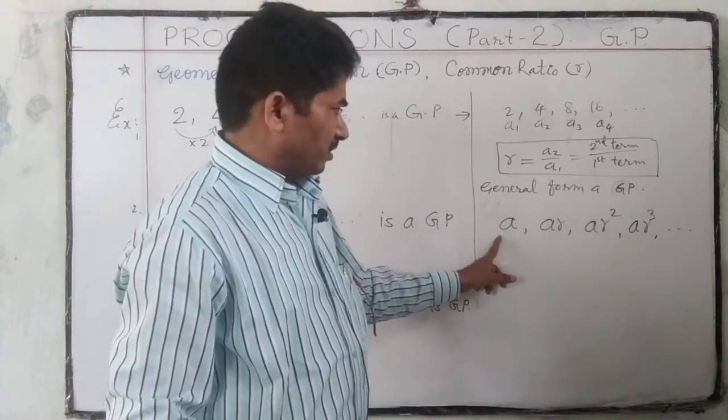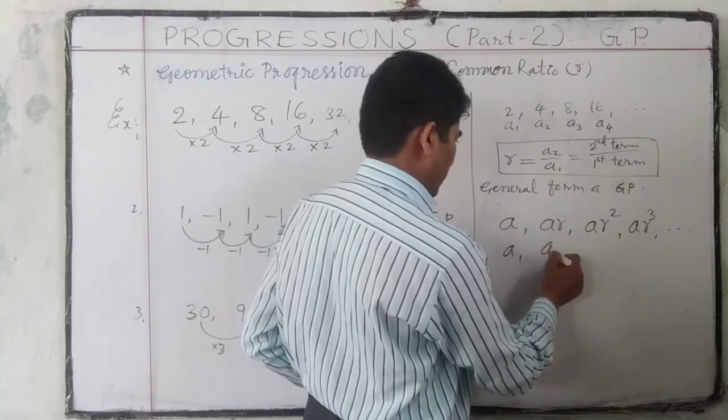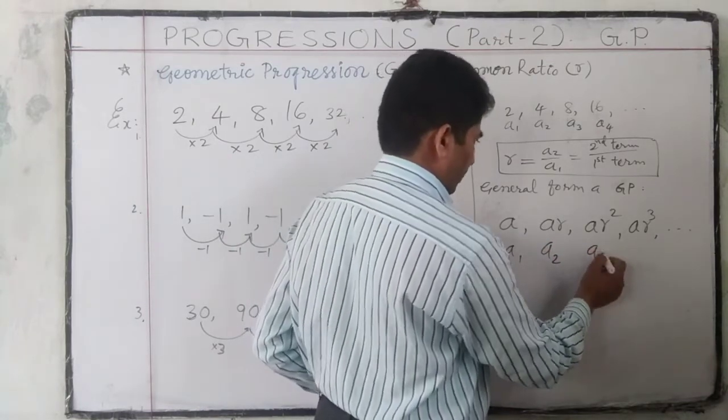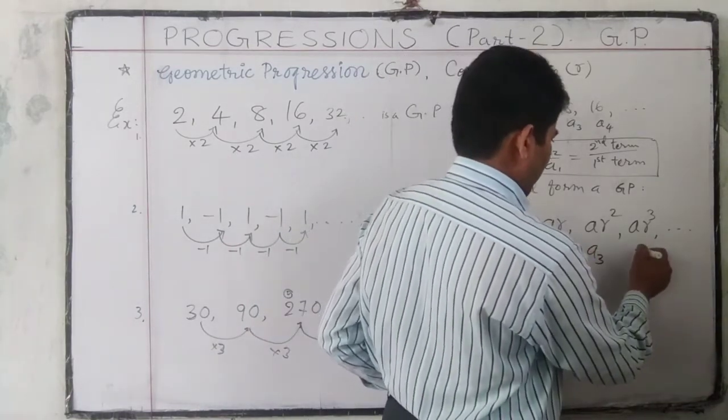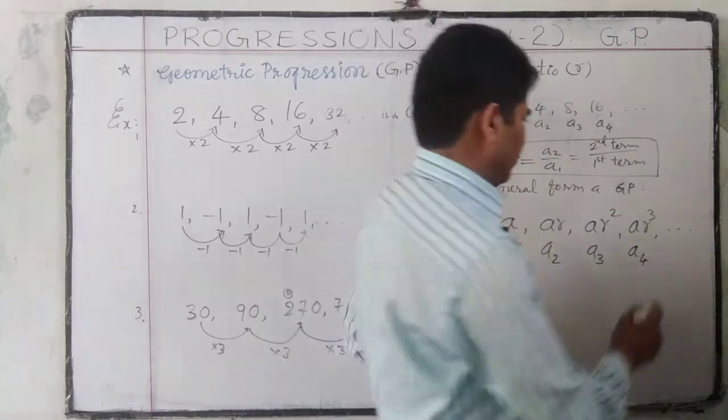So this is the first term A1, A2, A3, A4. By observing, we can identify the nth term.